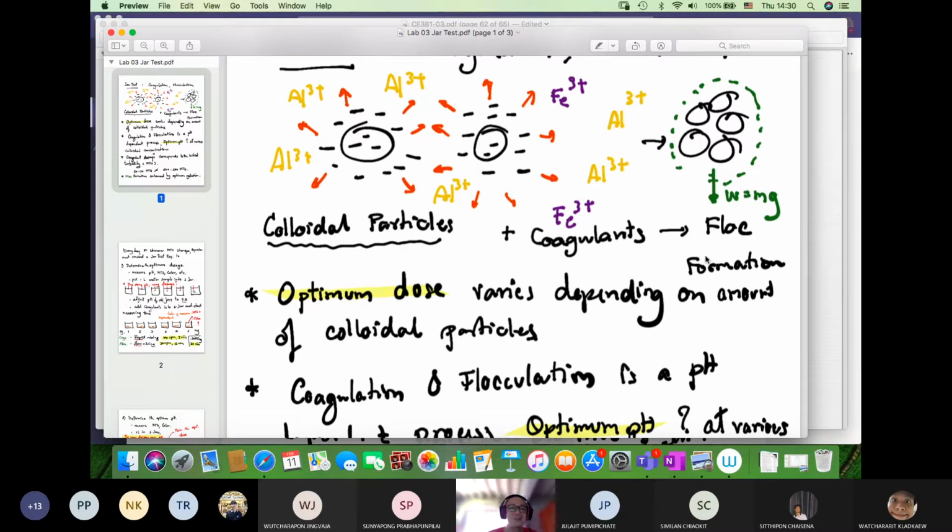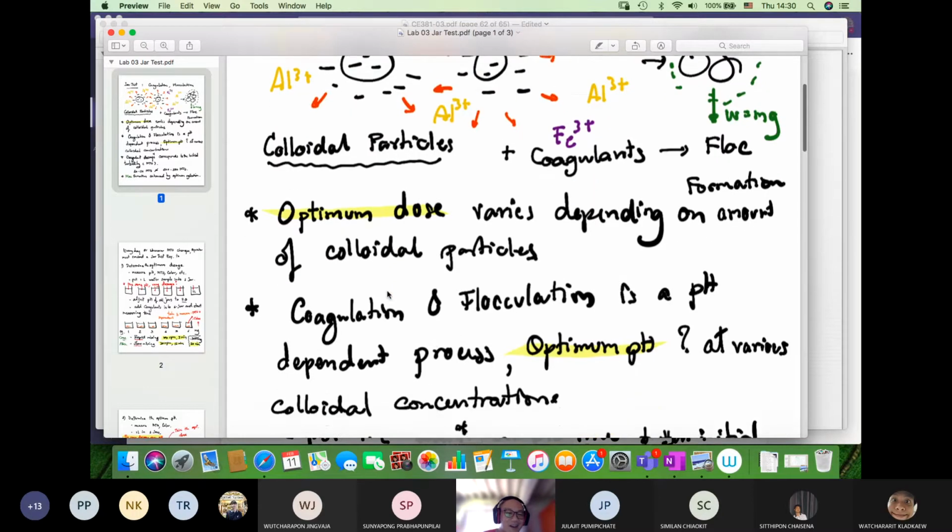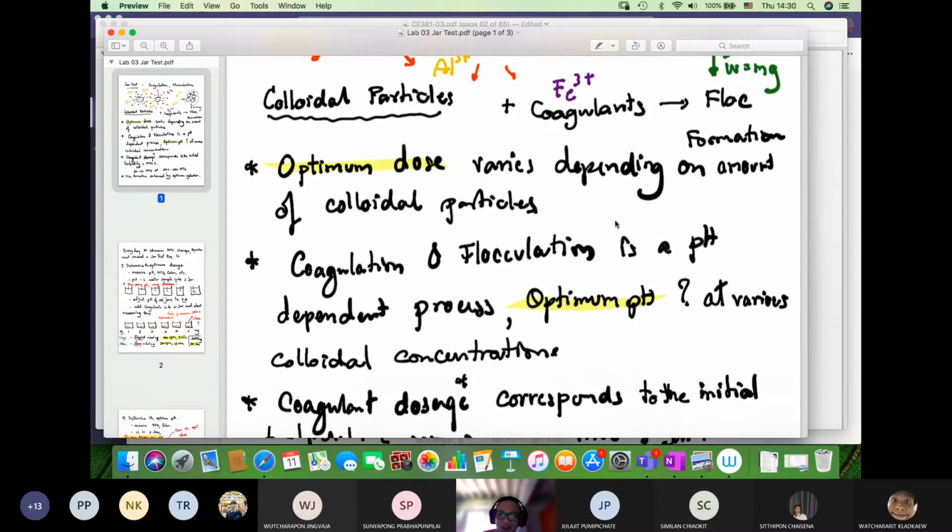So what we are going to determine in the jar test is the optimum dose, and the optimum pH. When we want to determine the optimum dose for the 6 jars, we have to keep other environmental factors, including the pH, constant, and only vary the dose.